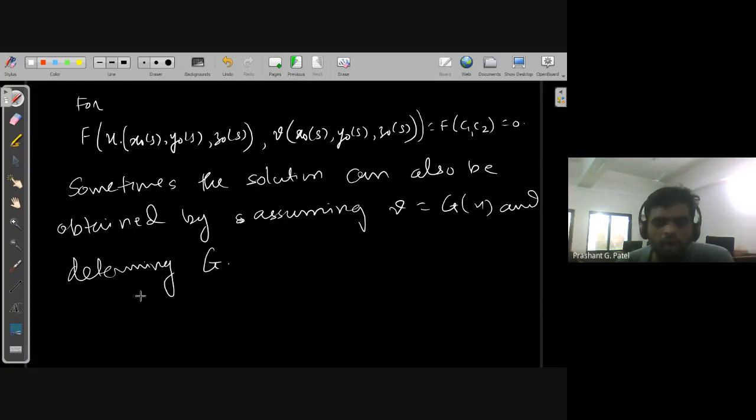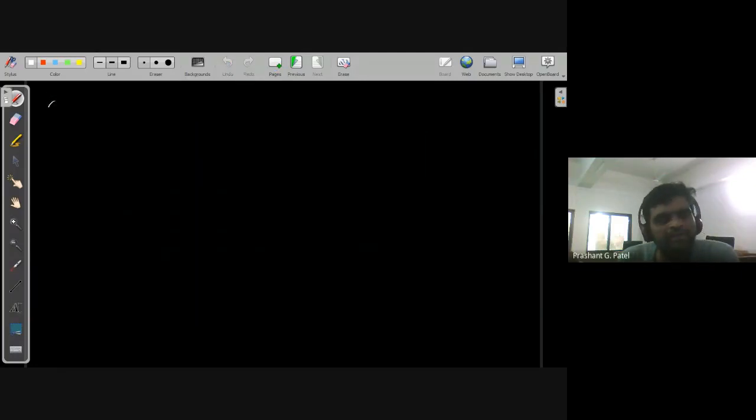Suppose we assume the form of the integral as v equal to g of u, then since the given curve lies on the surface, we substitute x is equal to x0, y equal to y0, z is equal to z0 in the relation v equal to g of u. We'll have g of s as the relation we get, and we'll see the same by an example also. So let us have this example.